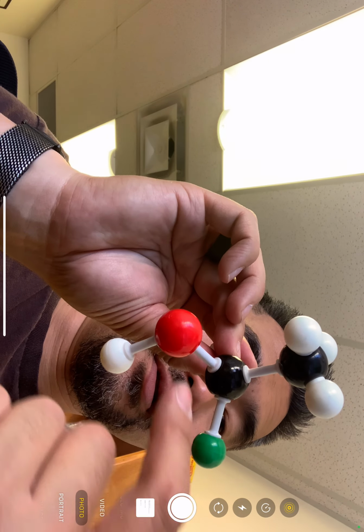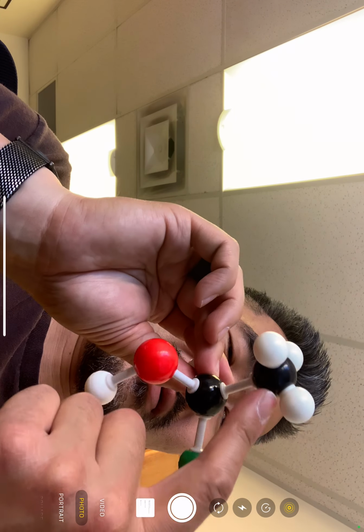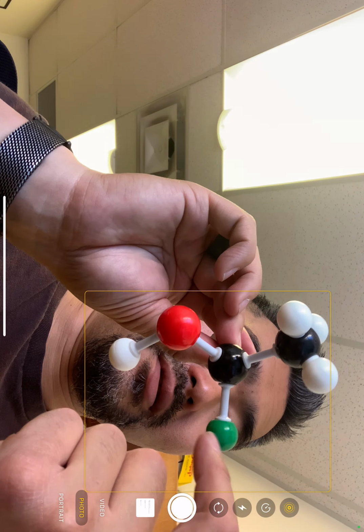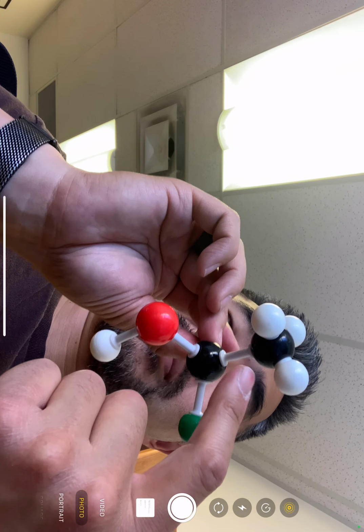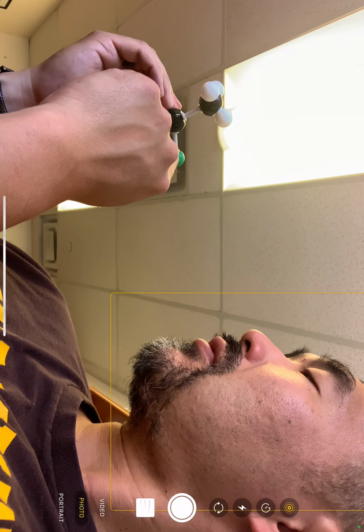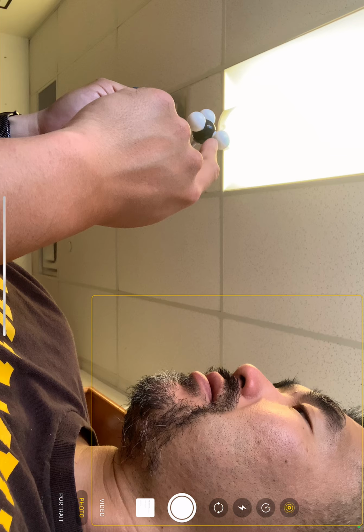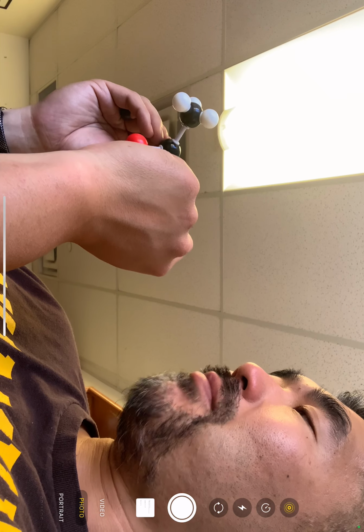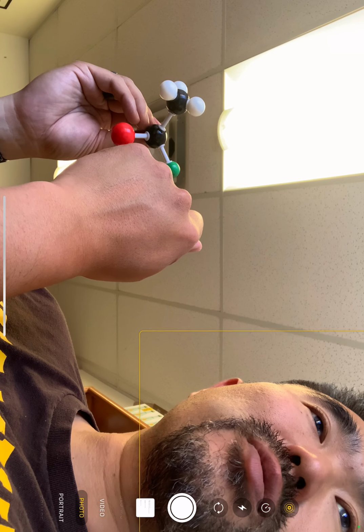Then let's say the priority groups go 1, 2, 3. This is rotating in the 1, 2, 3 direction, the same direction as when, if this was a steering wheel, you turn right.